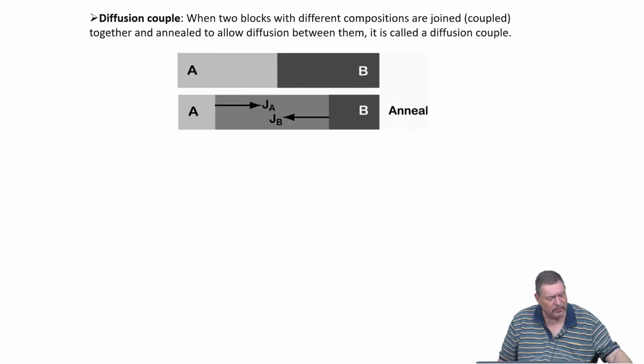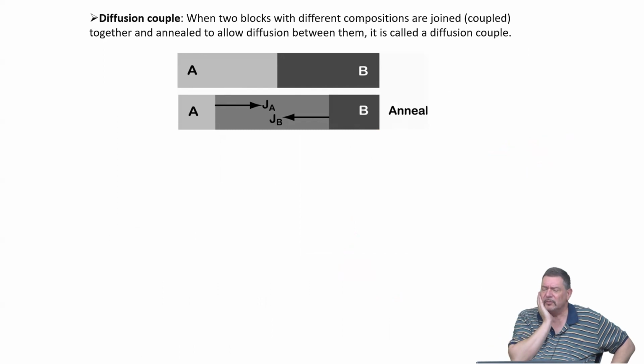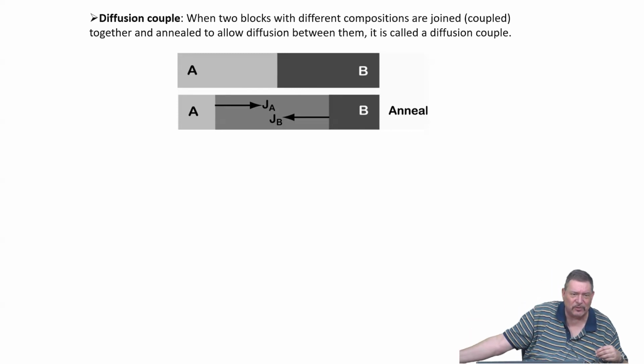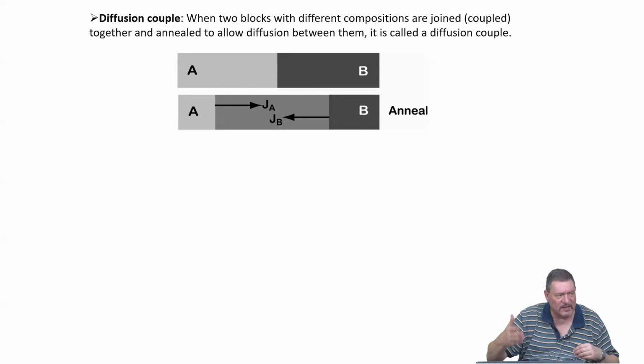I said radiotracer diffusion, but I want to go back to the diffusion couple, because this is what many more people are doing and can do, even in any laboratory where you have a scanning electron microscope and a furnace. You can do these interdiffusion measurements by using diffusion couples. So you don't need radioactive tracers, you don't need isotopes. Unfortunately, you cannot then use the isotope counting, so you will lose sensitivity.